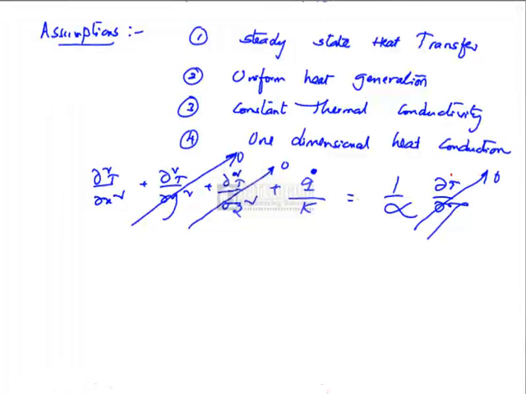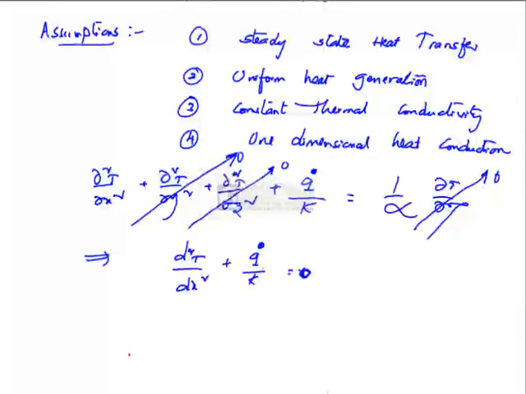Why? Because it is one dimensional and also it is steady state conduction heat transfer. Dou T by dou tau should become 0. So the resulting equation will be d square T by dx square plus Q dot by K is 0. We have to solve this differential equation with the help of boundary conditions.